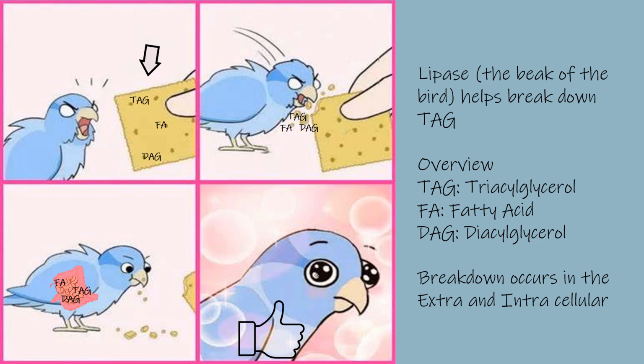For the intracellular part, think of the bird's feathers being hydrophobic. If you ever see little birds bathing in a park, the water just falls off their feathers. That's a fun way to think of that.